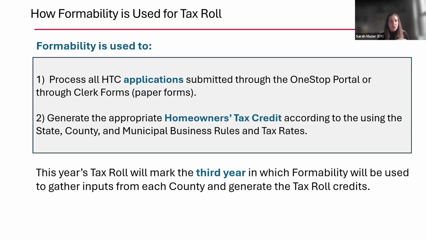The system is then used after the processors have reviewed the application, and in the instances where the application is approved, the system is used to generate the appropriate homeowners tax credit based on the state, county, and municipality business rules and legislation, as well as the tax rates. This will be our third year in which Formability is the system that's being used to gather all the inputs from you all to process applications and to generate the tax roll credits.